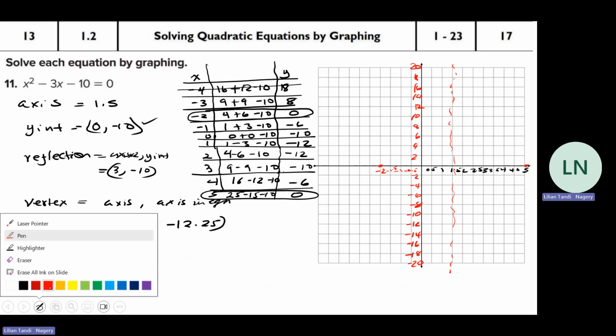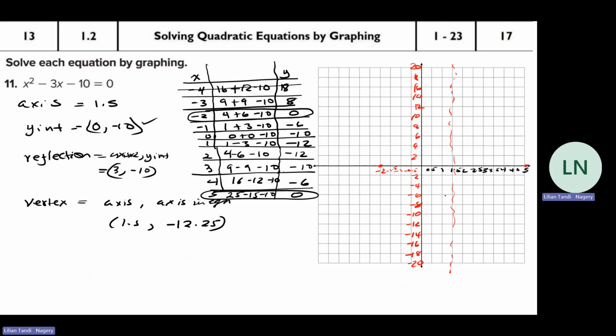Okay, now remember you are looking for the graph. So you want -12.25 here, somewhere here. It's going to be between -12 and -14. Okay?